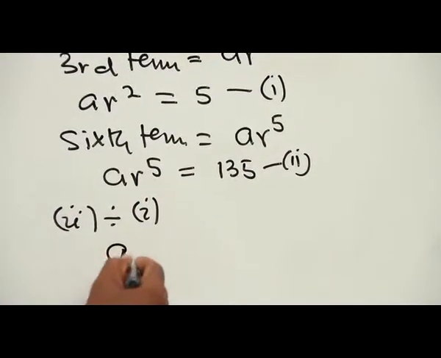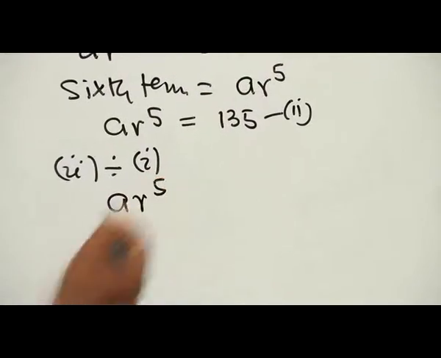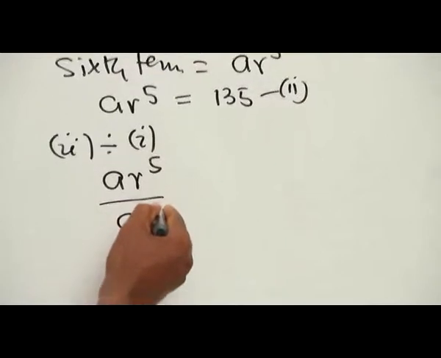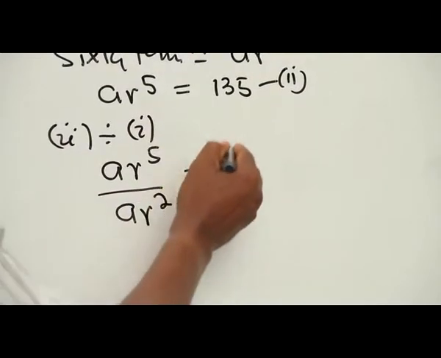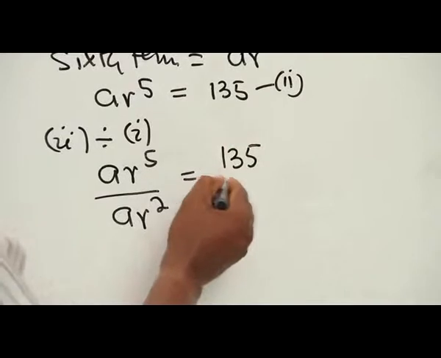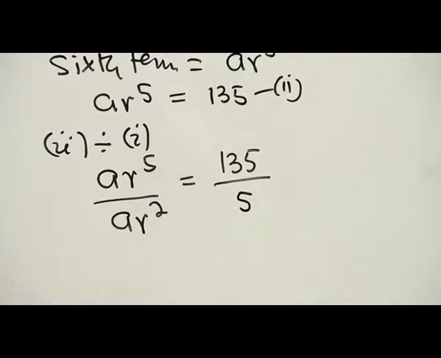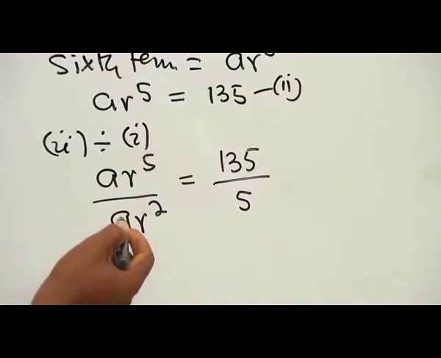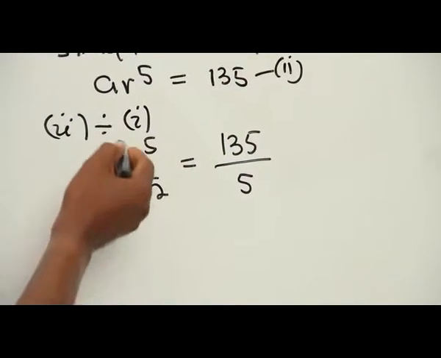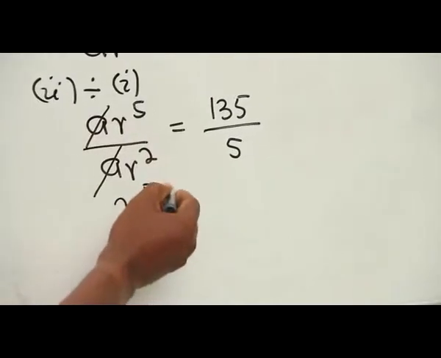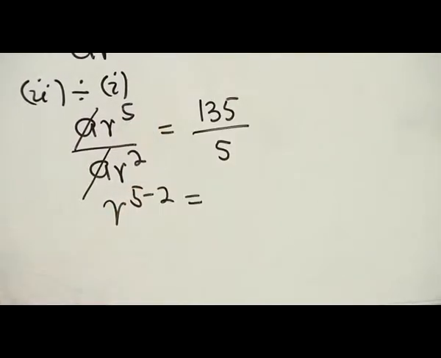So we take the left-hand side of equation 2 divided by the left-hand side of equation 1 is equal to the same scenario here applies all over 5. Now, by the laws of indices, remember that a and a will go. By the laws of indices, this becomes a raised to the power 5 minus 2. You can divide this now.